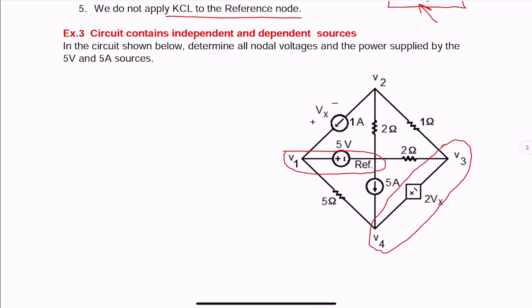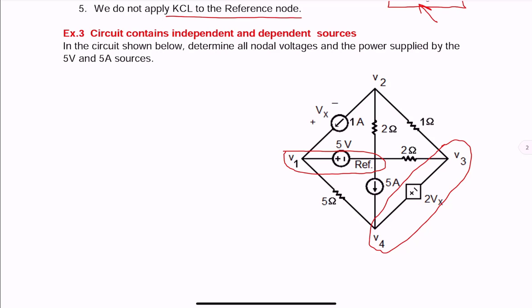However, we never apply Kirchhoff's current law to the reference node. And in fact, a voltage source being connected to the reference node is very useful. Looking at the 5 volt source, it is telling us its positive side is 5 volts above the negative side. So basically, V1 is 5.